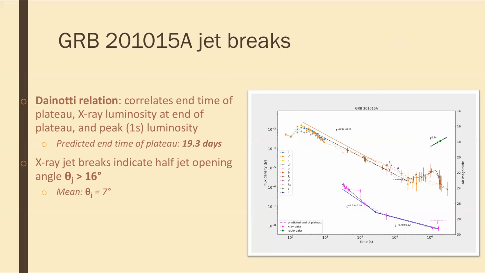The EISO is from the initial prompt gamma-ray emission, assuming it's spherical, so without the correction for the jet angle. So you didn't check the Ghirlanda relation or the collimated relation? No, we haven't checked that. Probably we should, I think. It's usually quite spread.